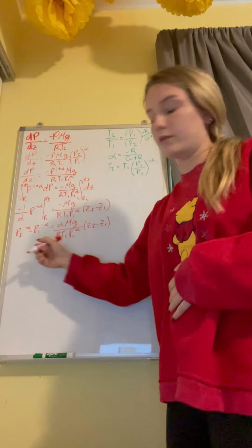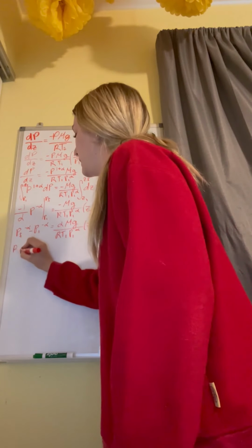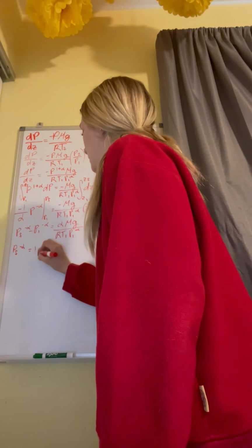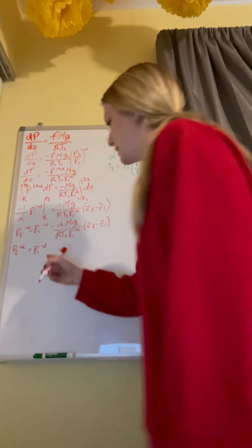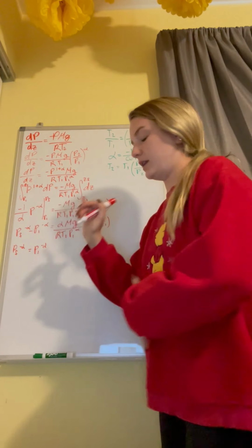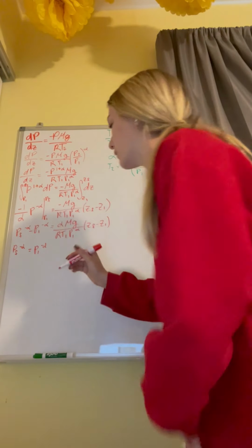So now we are going to move the p1 onto the other side. So we are going to have pf to the negative alpha is equal to p1 to the negative alpha. And since we have negative alpha here and just positive alpha here, we're going to bring that other p1 up on top, making it a negative alpha.